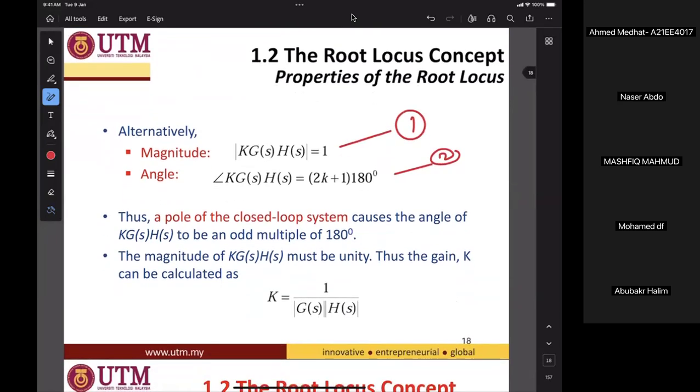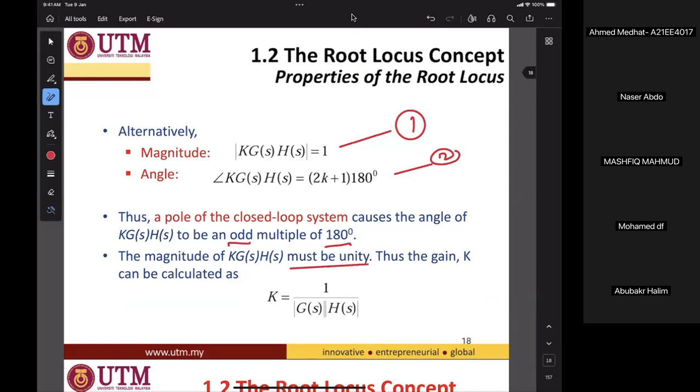So thus, a pole of the closed loop system causes the angle of KGH to be an odd multiple of 180. Odd meaning 1, 3, 5, and so on. So the magnitude of KGH must be unity.